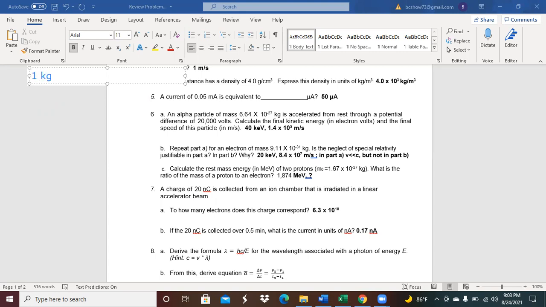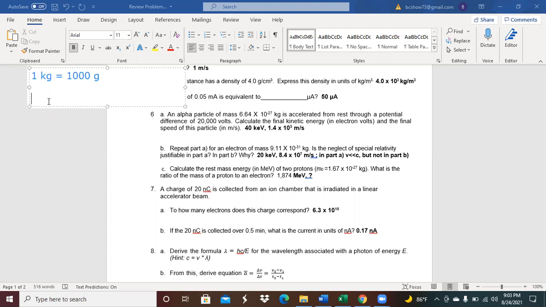1 kilogram is going to be equal to 1,000 grams. The other unit that we're going to need is exactly how many centimeters there are in 1 meter. We're not going to factor in the fact that it's cubed just yet.